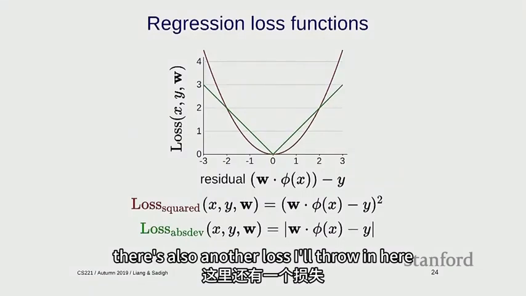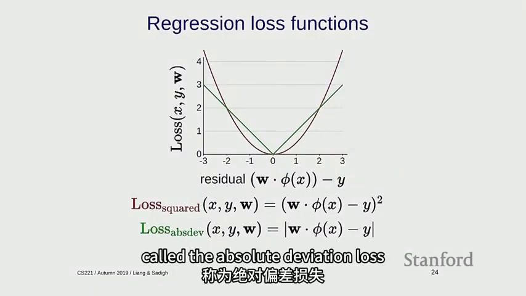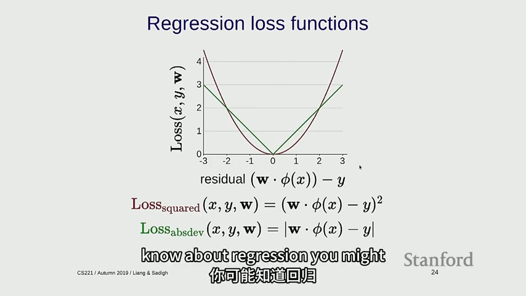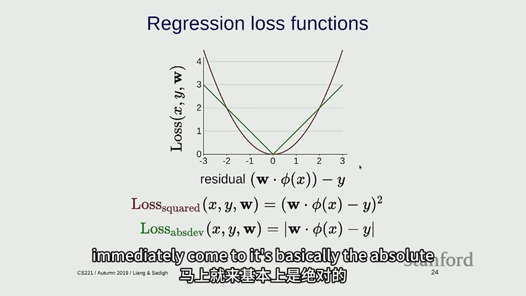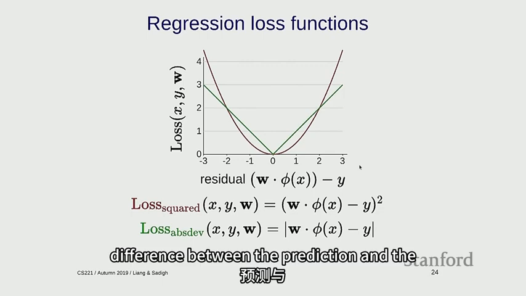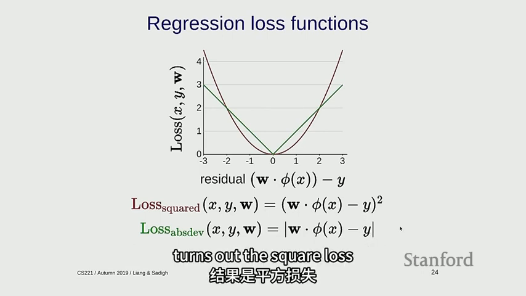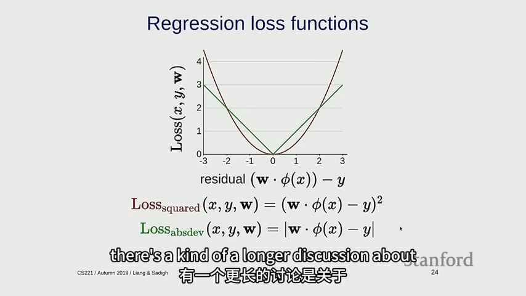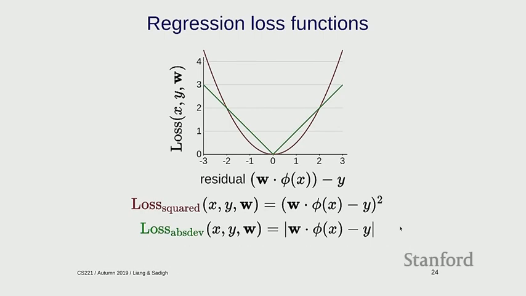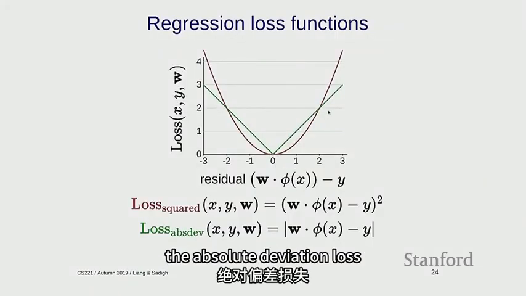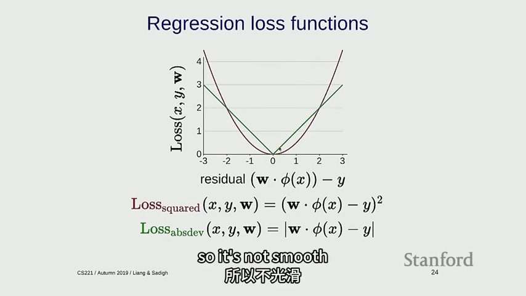There's also another loss I'll throw in here called the absolute deviation loss. And this might actually be the loss that, if you didn't know about regression, you might immediately come to. It's basically the absolute difference between the prediction and the actual true target. There's a longer discussion about which loss function makes sense. The salient points here are that the absolute deviation loss has this kink here, and so it's not smooth.